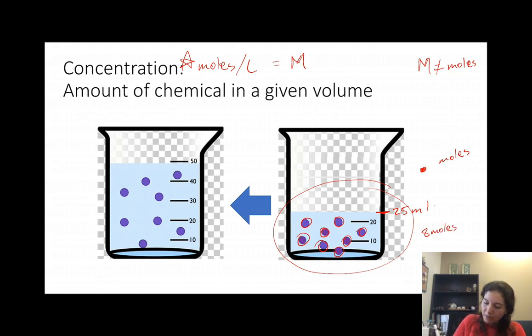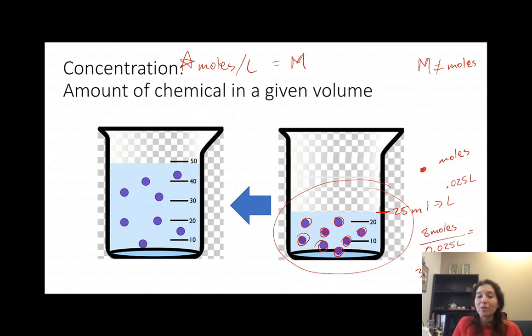So 25 milliliters, if we convert it to liters, is going to be 0.025 liters. So over 0.025 liters, see what that concentration is. This would give us a really big number. 320 molar, which is not a reasonable concentration at all.